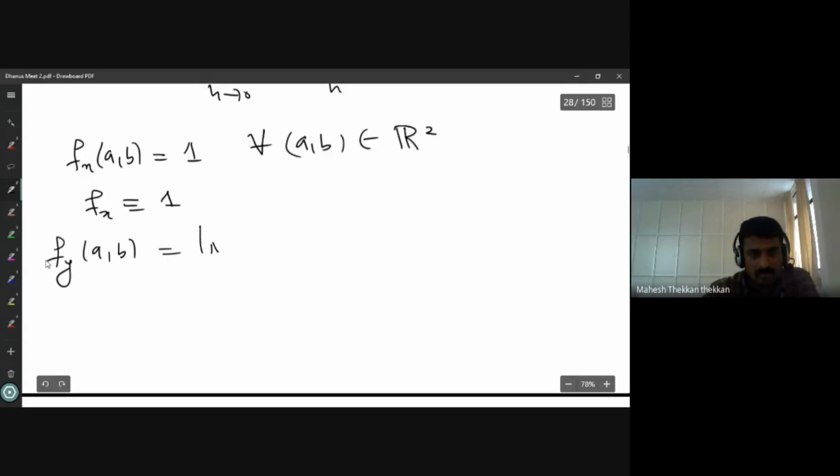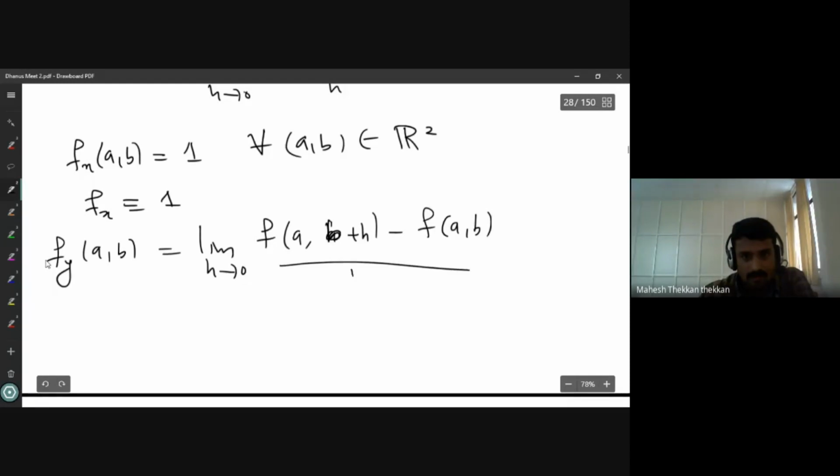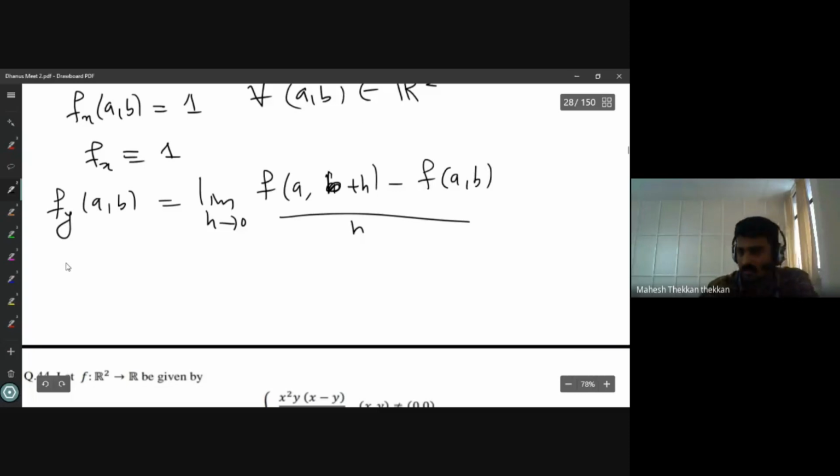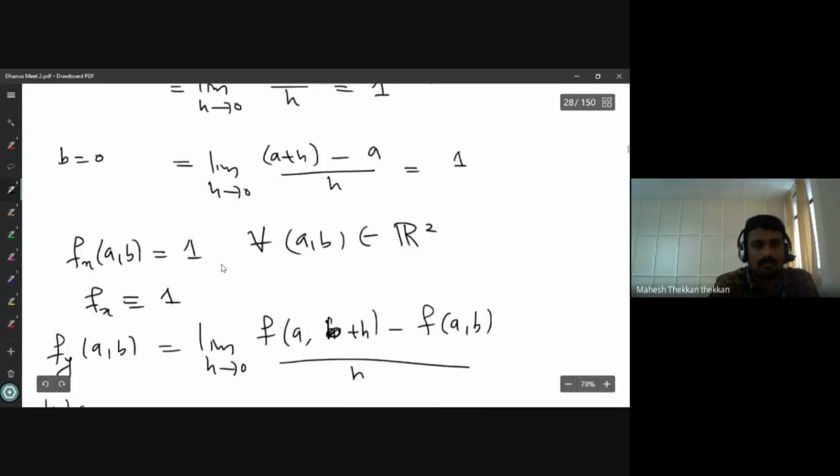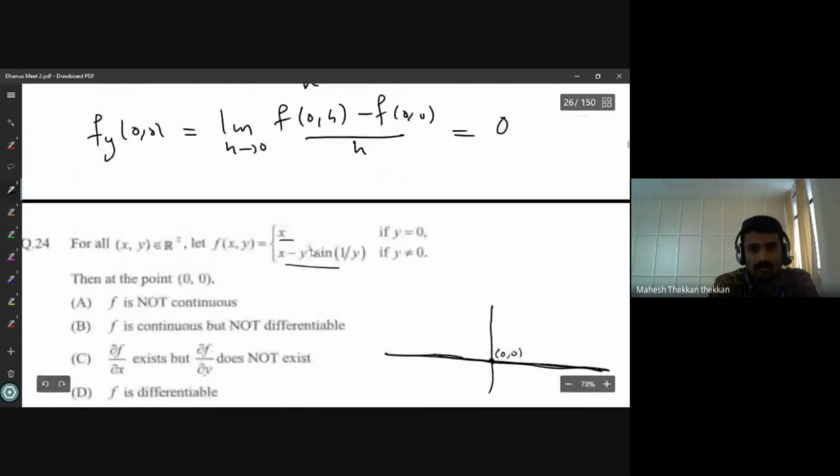So that is again the limit h tending to 0 of f(a, b+h) minus f(a, b), divided by h. In this case also I have to look at two cases, b not equal to 0 and b equal to 0. For b not equal to 0, you have to worry about the second case.